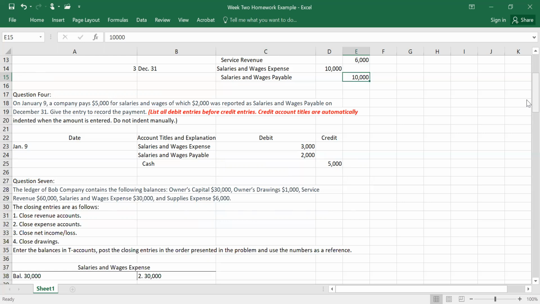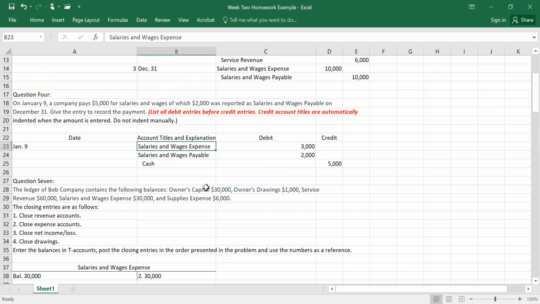So what we have to do is we have to remember to get rid of that salary and wages payable by debiting it. So it was credited in December. We're going to have to debit it now. So obviously, we already recorded $2,000 of these salaries. We need to record the other $3,000. $5,000 minus $2,000 is $3,000.